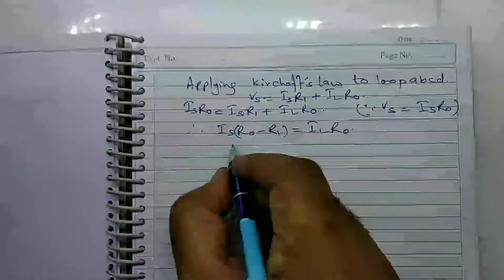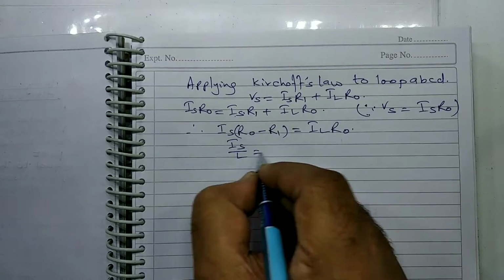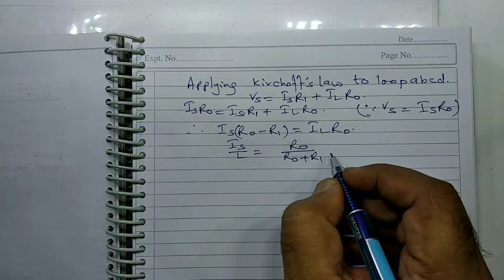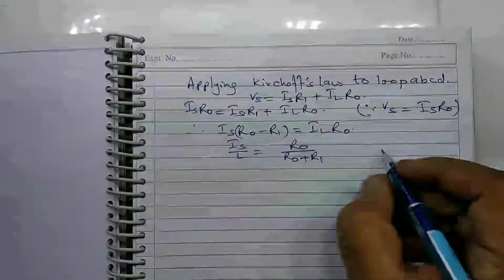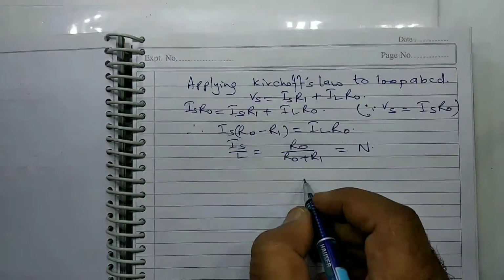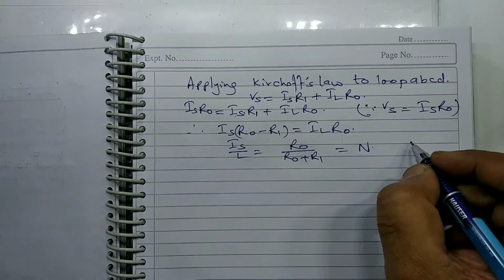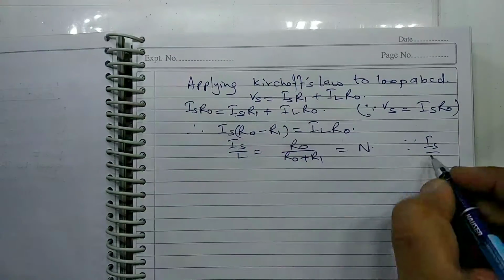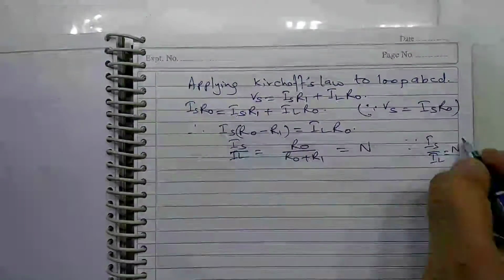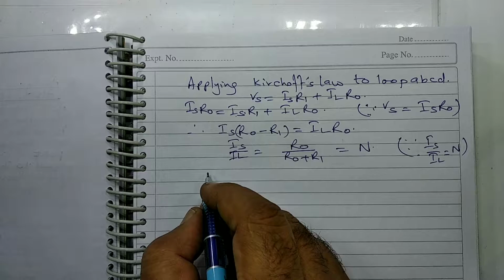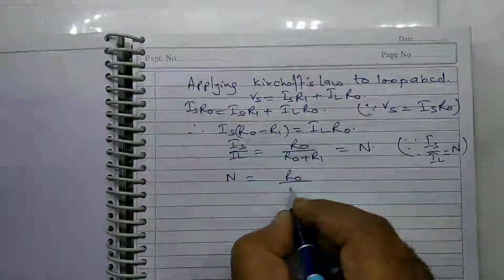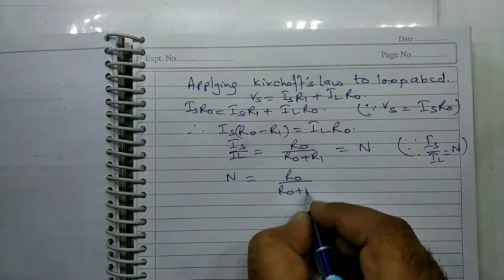Now, Is upon IL is equal to Ro upon (Ro minus R1). So, this is equal to N, because Is upon IL is equal to N. Now, N is equal to Ro upon (Ro minus R1).